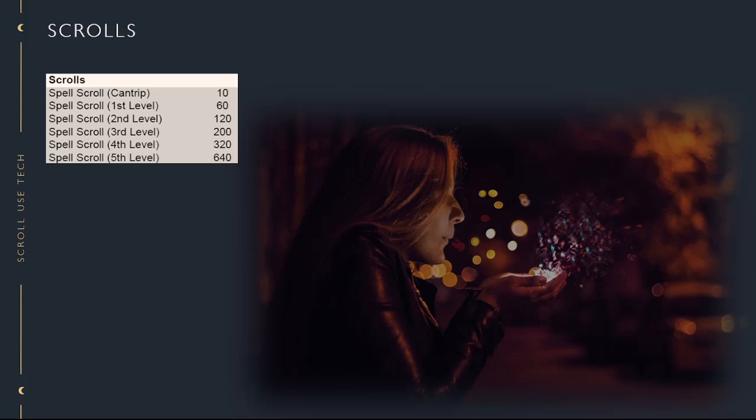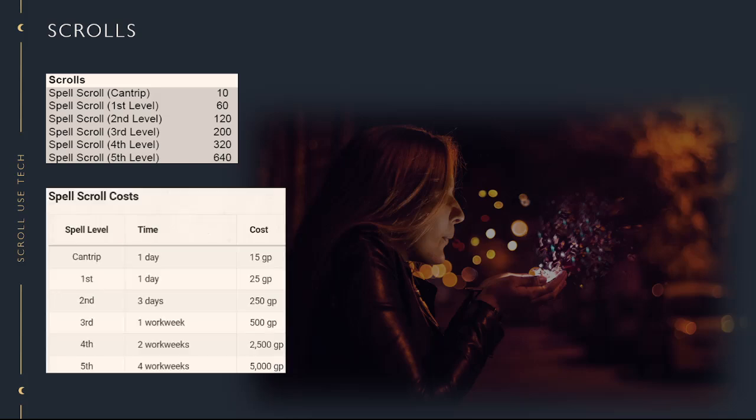It gives prices in gold pieces for magical items, and it lists scrolls. So if you wanted to get a first level scroll of something, it'd be pretty cheap, right?